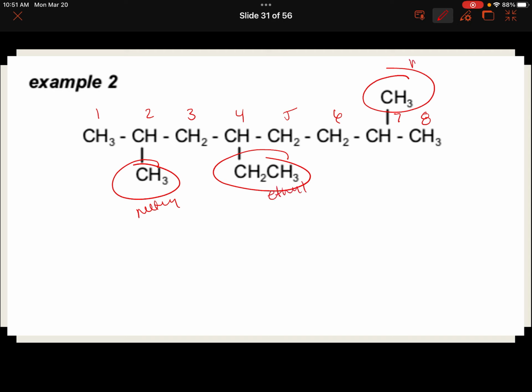Then we have our methyl, ethyl, and our methyl again. And then in this situation, we have 4 ethyl. And then because we have 2 methyls, we're going to do 2 and 7 di, because there's 2 methyl. And then because there's 8 carbons, octane.